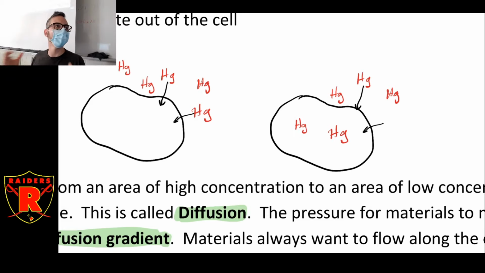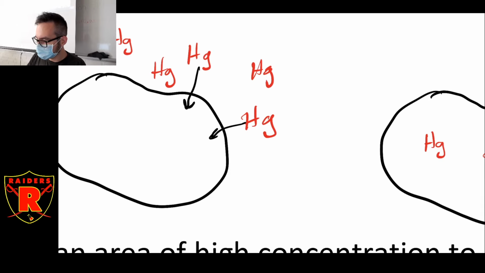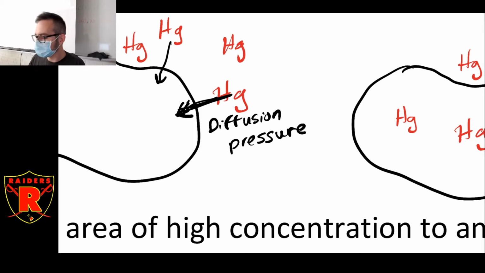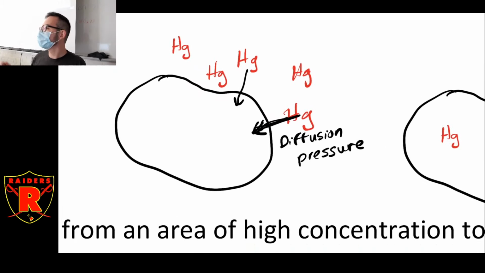Okay? They're just going to want to equalize naturally. And there's actually a pressure for them to move in this direction from high to low concentration. Okay? That's diffusion pressure. Along the gradient. So the gradient just means the direction that the pressure is flowing. So in this case, the gradient would be from outside the cell to inside the cell.